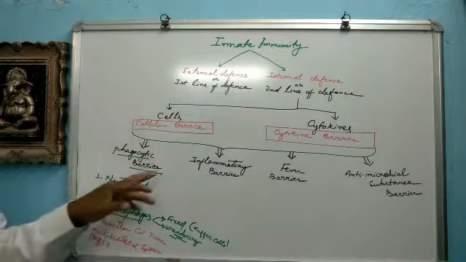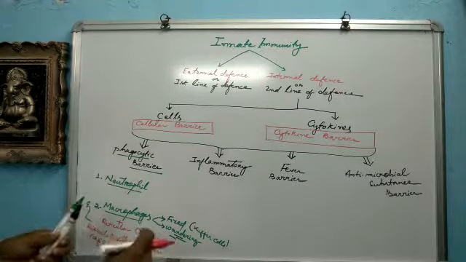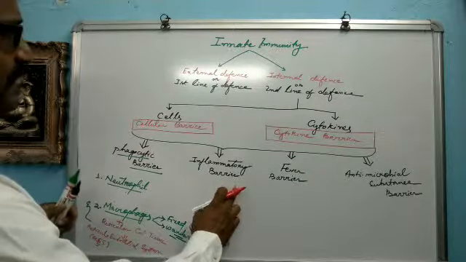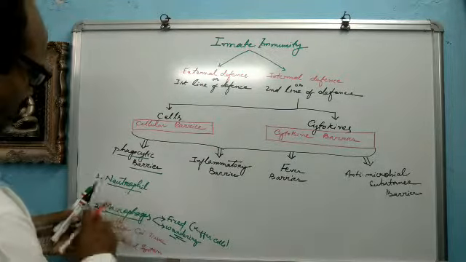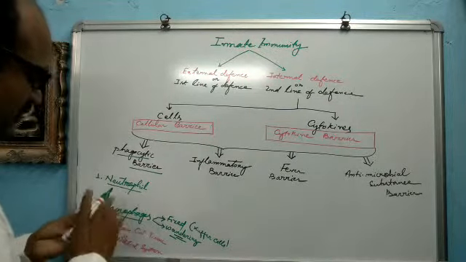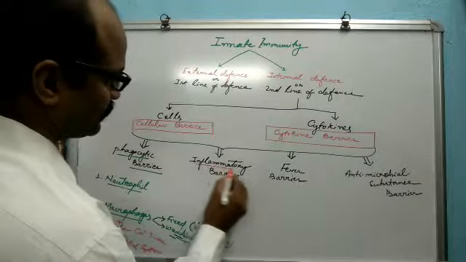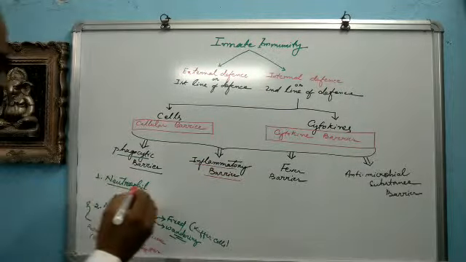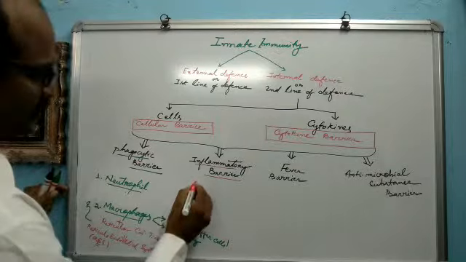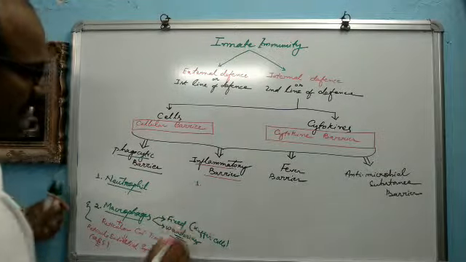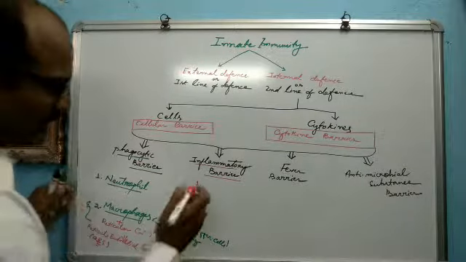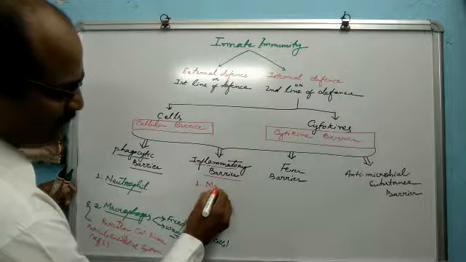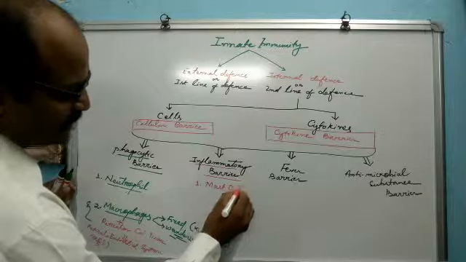And the second barrier may be the inflammatory barrier. Actually, this barrier develops because of the presence of one very important cell of areolar connective tissue, which is present below the skin. This is the mast cell.